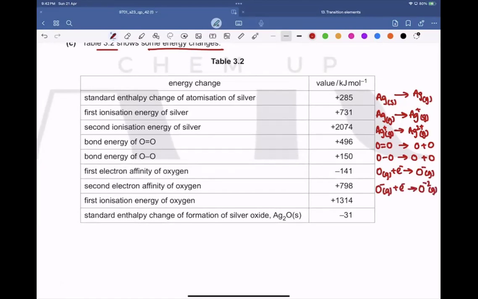First ionization energy of oxygen means when 1 mole of oxygen atoms in a gaseous state turns into +1 ions. Standard enthalpy change of formation of silver oxide means when 2 moles of silver atoms and half a mole of oxygen gas molecules react to form 1 mole of silver oxide. So that is this.